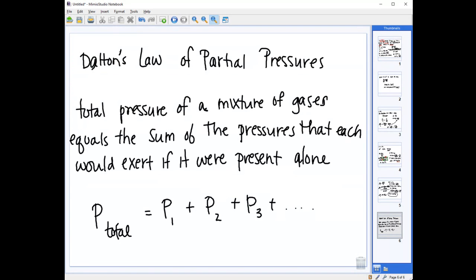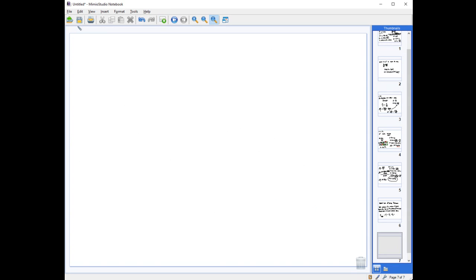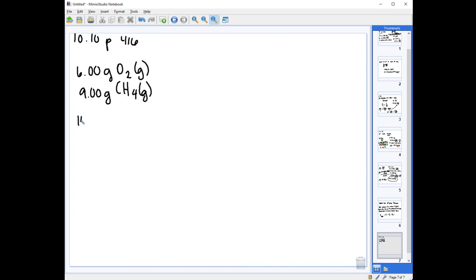All right. If we look at a problem, sample exercise 10.10 on page 416, a mixture of 6.00 grams of oxygen gas and 9.00 grams of methane gas, CH4, are placed in a 15.0 liter vessel at 0 degrees Celsius.